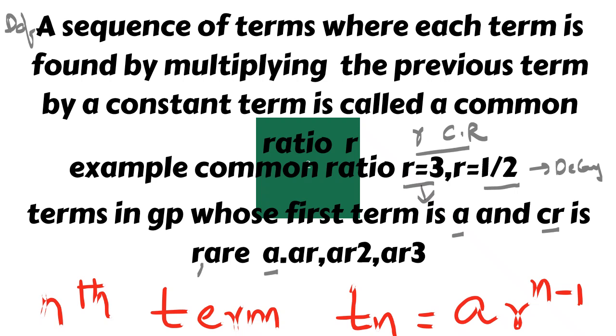First one is a, multiplying with r you get the second term ar, and the third one is a into r square, a into r power 3, and so forth. If you want to generalize to find the nth term, T suffix n is equal to a into r to the power n minus 1. This is the first formula we have to use in the sums.